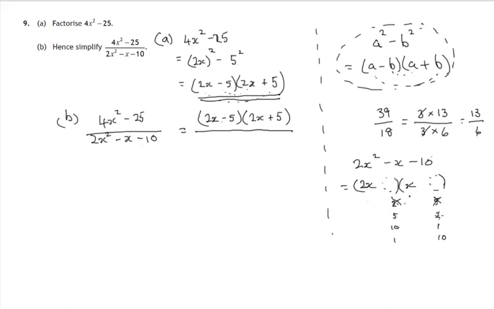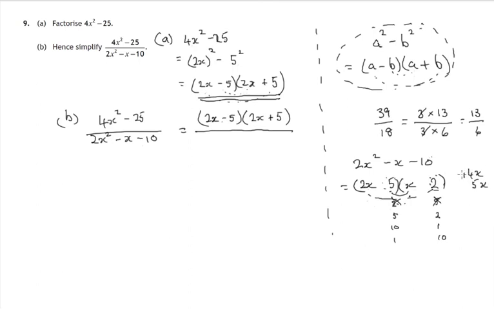Let's put 5 here and 2 here. This time the outside two, 2x times 2, that's 4x. The inside two, 5x. 4x and 5x, that is going to work. Let's see how. So we've got 2x times 2, that's 4x. 5 times x, it's 5x, and we have to get a minus 1.